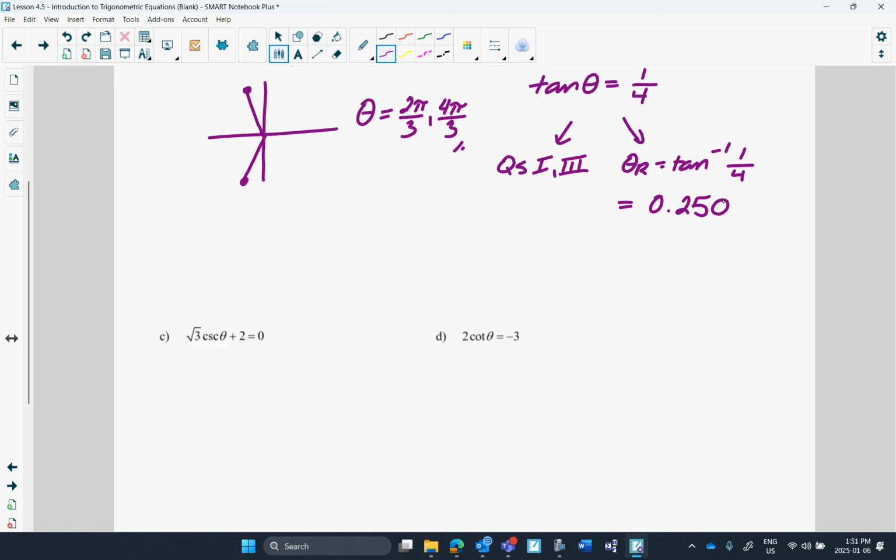Now you take these 2 pieces of information and combine them into the answer. So in quadrant 1, theta, the actual angle, is going to be the same as the reference angle. That's one answer. In quadrant 3, how do I find the actual angle? 180 plus the reference angle, but we're in radians, so not 180, pi.